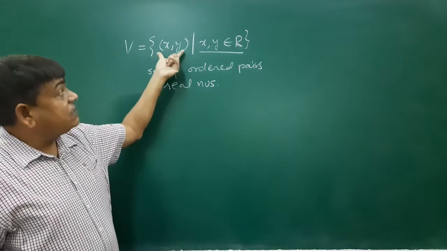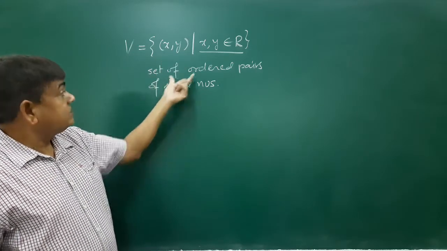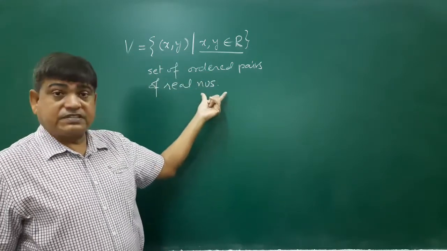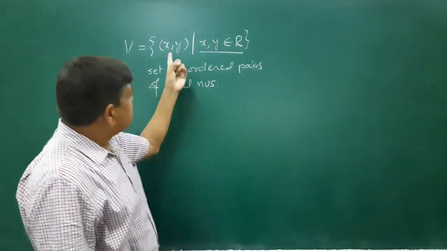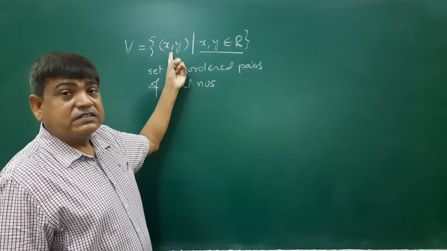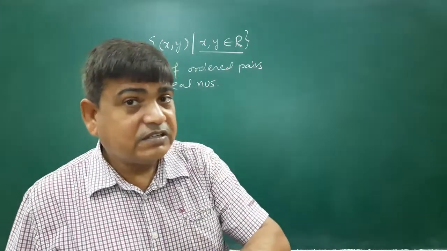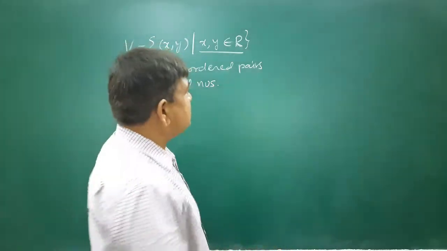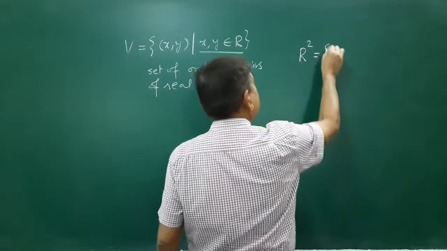This is the set of ordered pairs of real numbers. That means this is the xy plane in 2D. Sometimes it is denoted by this R square.